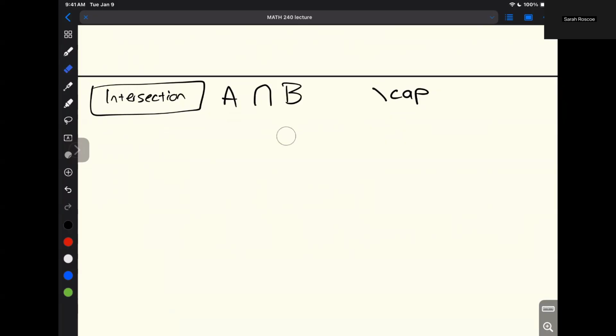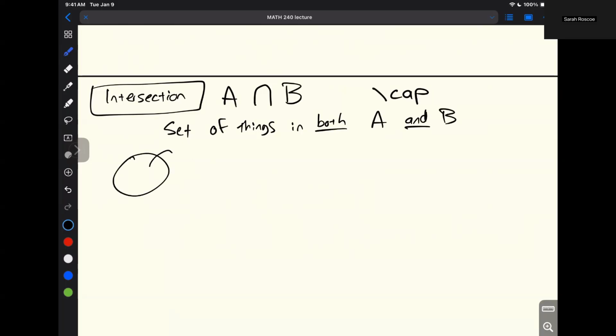It's just flipped upside down. And this is the set of things that appear in both A and B. So something that appears only in A but not in B won't be included.